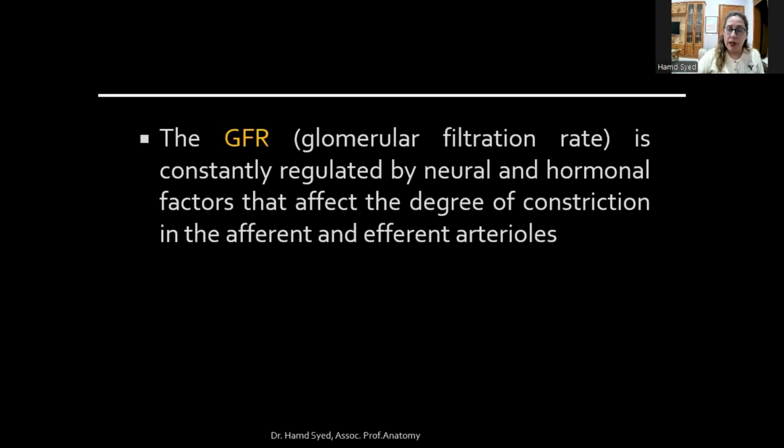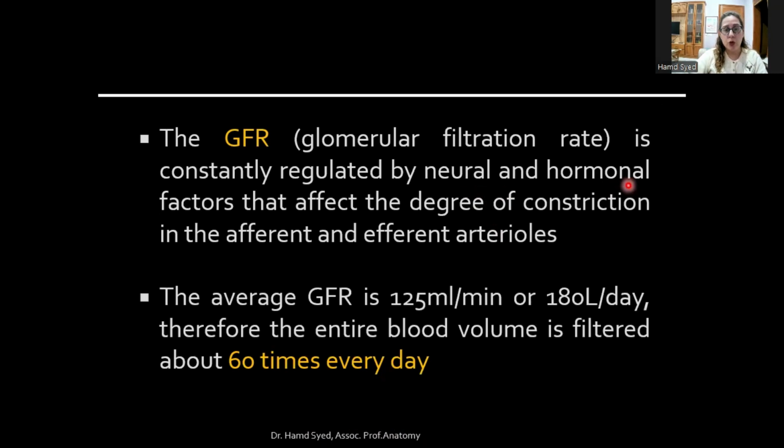So the GFR, that is the glomerular filtration rate, remember, is constantly regulated by neural and hormonal factors that affect the degree of constriction in afferent and efferent arterioles. The average glomerular filtration rate is 125 ml per minute or 180 liters per day. Therefore, the entire blood volume is filtered about 60 times every day.